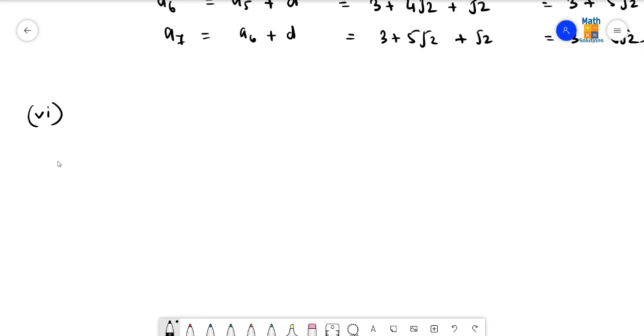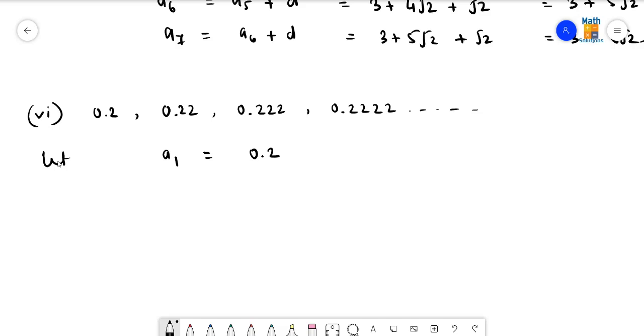Roman 6, here I get 0.2, then after 0.22, then after 0.222, then after 0.2222, and thus goes on. Let A1 is equal to 0.2, then A2 is equal to 0.22, A3 is equal to 0.222, then A4 is equal to 0.2222.